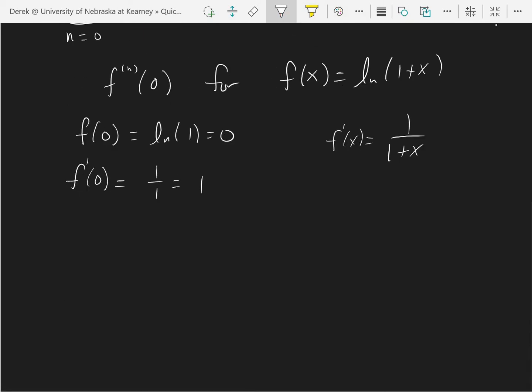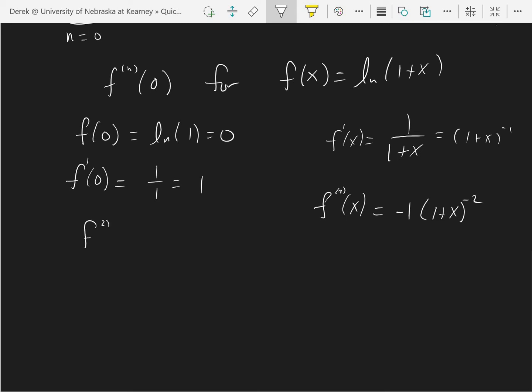So let's see how we find the rest of these. The second derivative at x, well, I can use a chain rule type thing. This is 1 plus x to the negative first. So what I'm going to get is negative 1 times 1 plus x to the negative second.